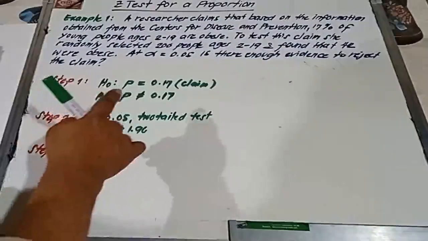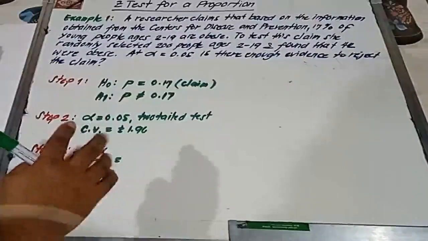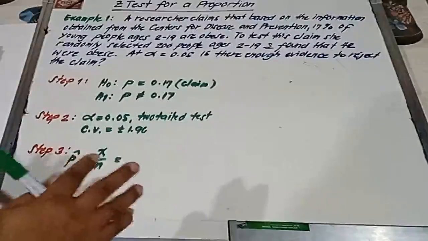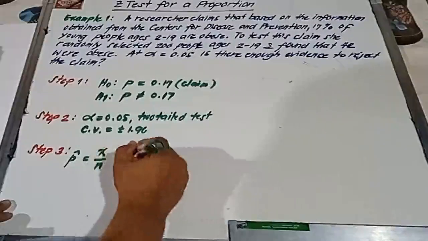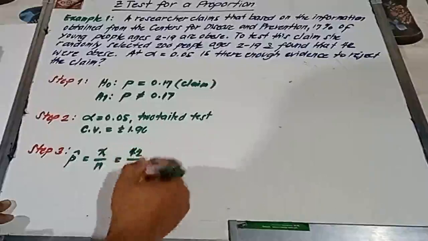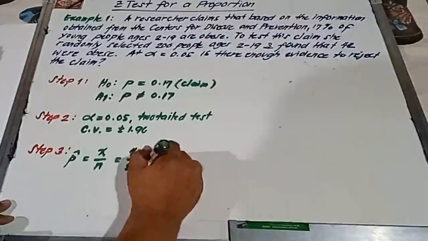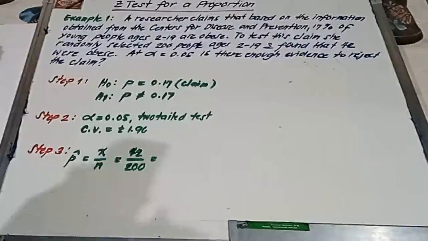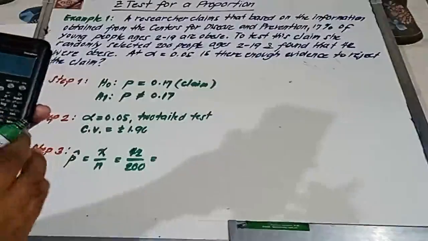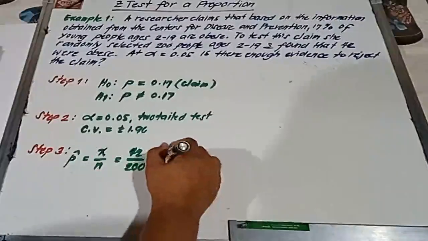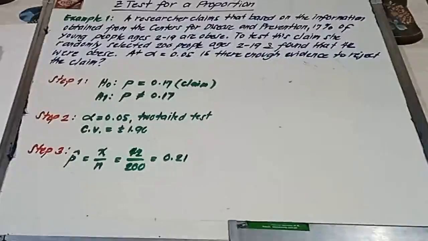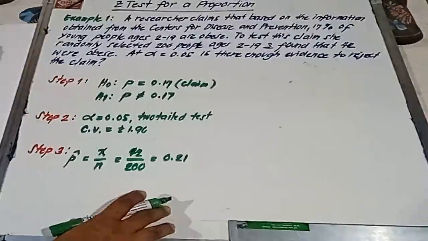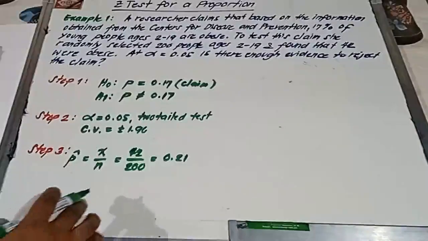And out of 200, minus 42, those are the number of people ages 2 to 19 that are not obese. Okay? So therefore, x is 42 and our sample size is 200. Okay? So our answer is 42 divided by 200 is 21 over 100. That is 0.21. Ito yung ating test value. Okay? Tetest natin kung totoo yung claim based from our sample data that we obtained from the population.